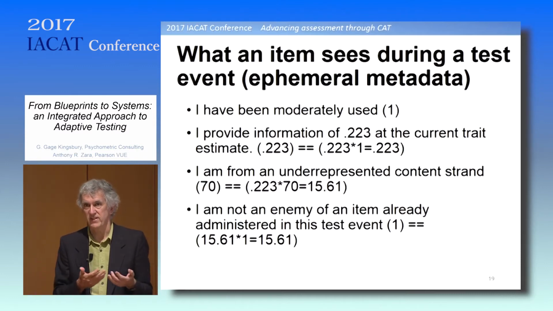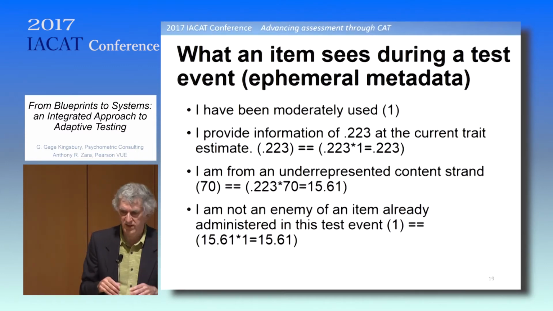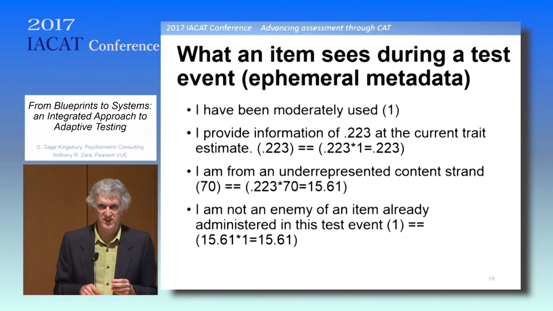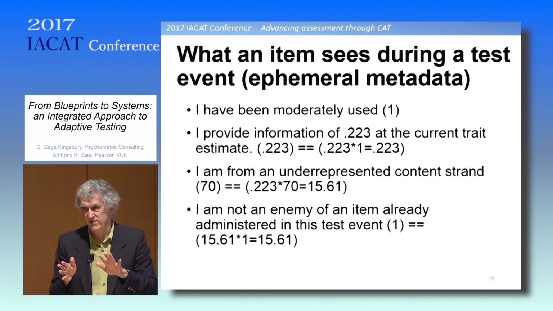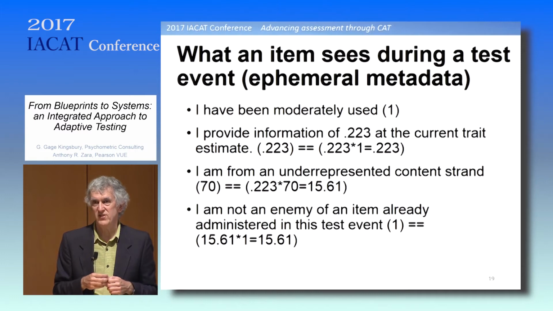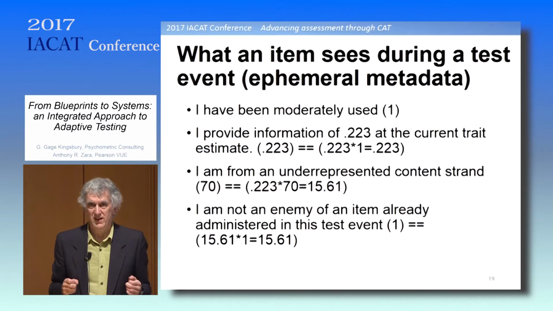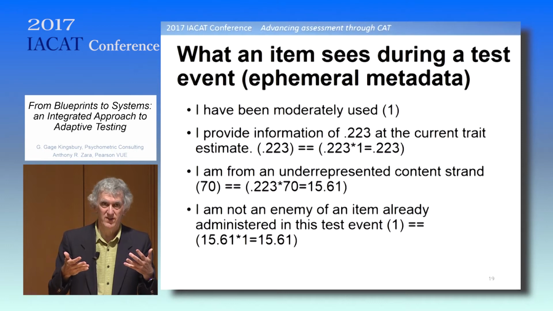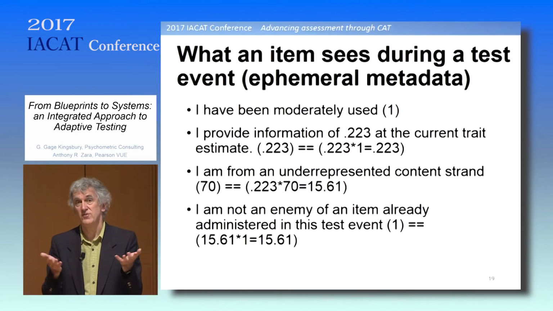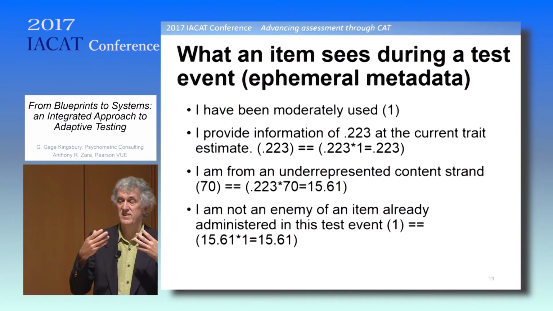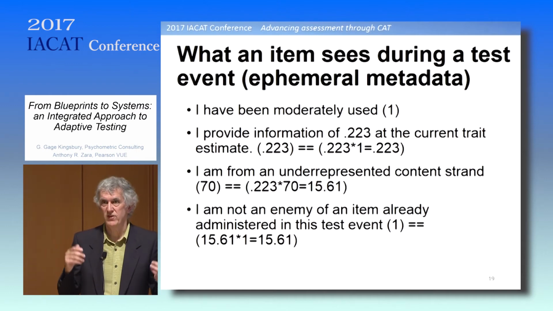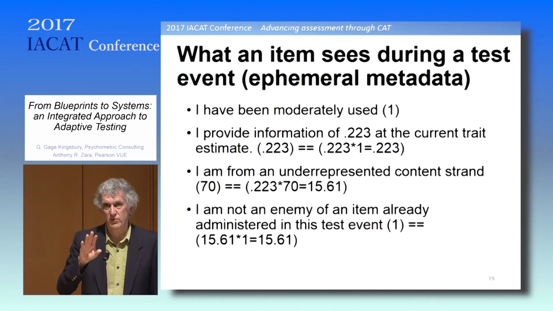I'm from an underrepresented content strand. And so what we've done initially is done a simple serial product of the weights. So at the end of the serial product, every item has given itself a weight. And if the weight is above a certain threshold, the item decides it should be administered, which gives you several items that might choose to be administered at any time during the test. And so then you just figure out which of those either has the highest weight, or you select randomly among the ones that are reasonable for administration.